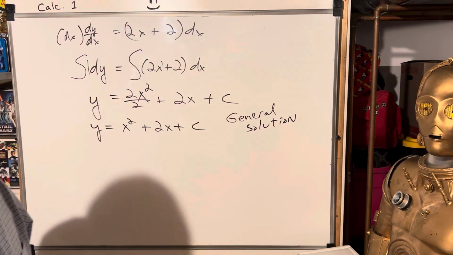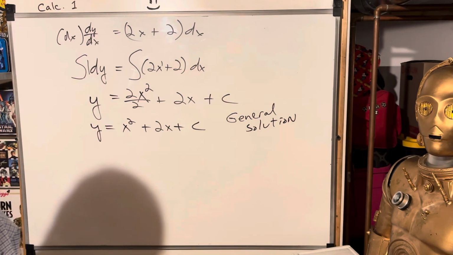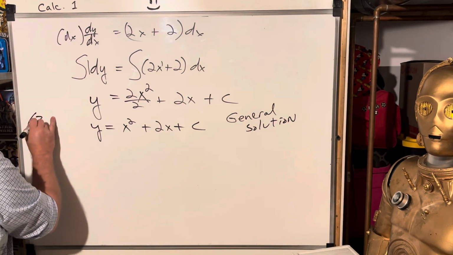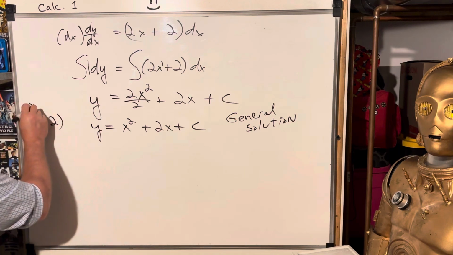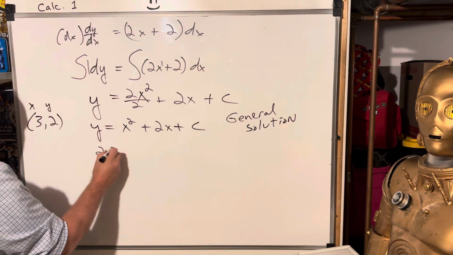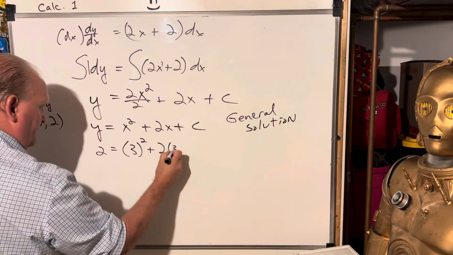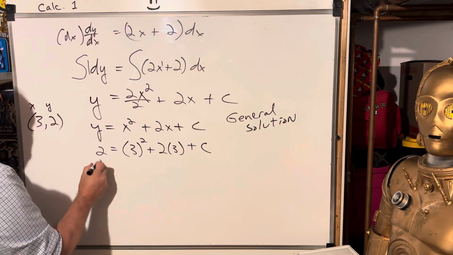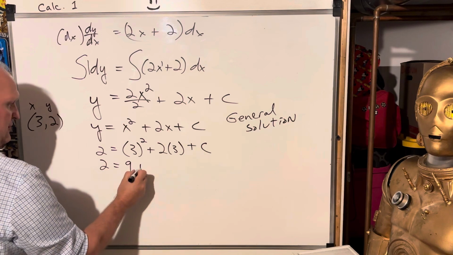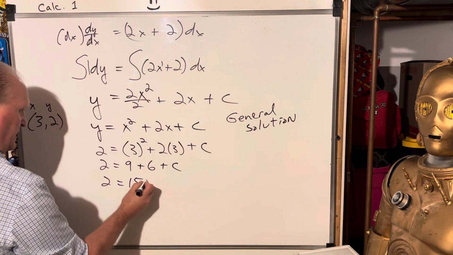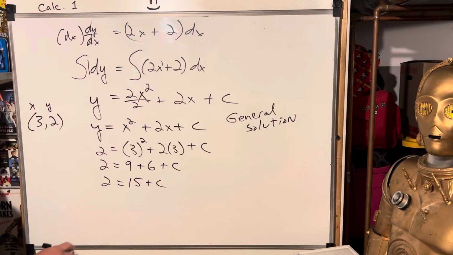But we want a particular solution that contains (3, 2). So we're going to put that in for y and 3 in for x. We're going to solve for c. Be careful on this. I know this seems silly, but when I was doing it in my head, I was just trying to rush through my notes.